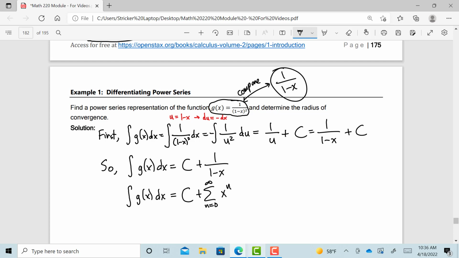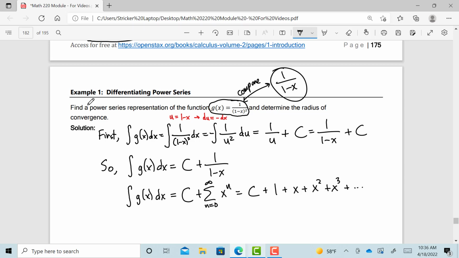Term by term, we have the constant at the front, and if we write out the first 4 or 5 terms of this series, we end up with x to the 0, which is 1, plus x to the first, plus x to the second, plus x to the third, and so on. So that's what our power series looks like.